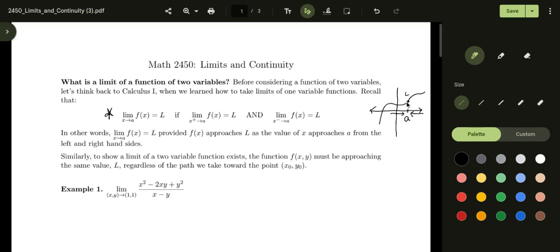Our function is still approaching this value of L. And if that was the case, then the limit as x approaches a of f of x would equal this value L.